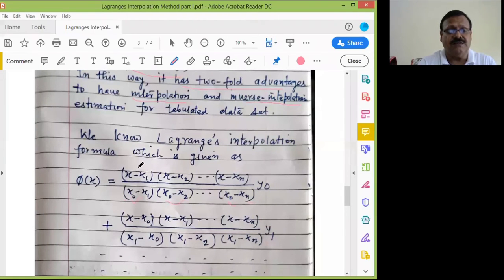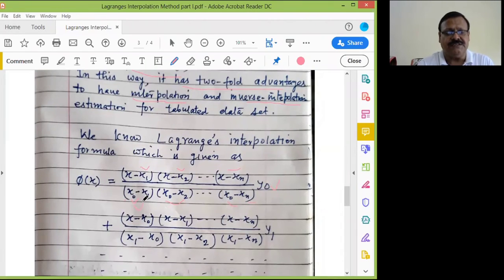If it is x naught, then we will leave out the x naught and start subtracting from x1: x minus x1, x minus x2, and so forth. So first you set your denominator that it is going to start from x naught. Immediately you will start the subtraction from x1. And then here is y naught, the corresponding value of x naught.